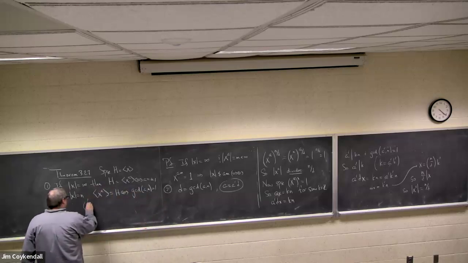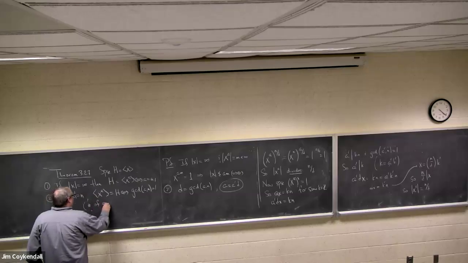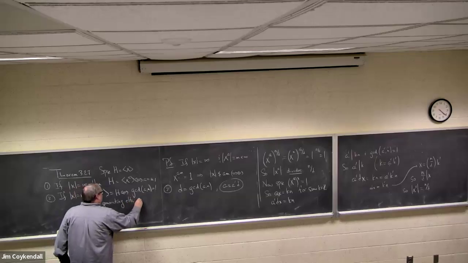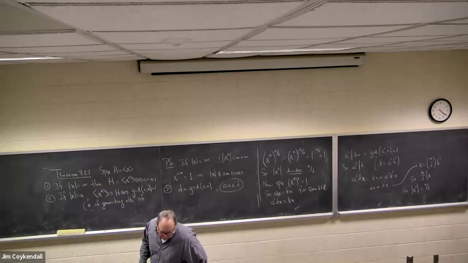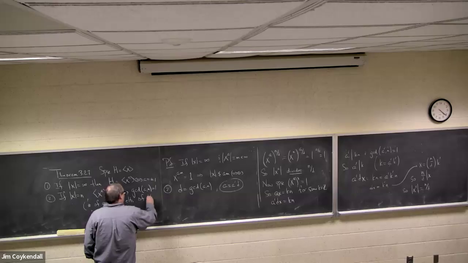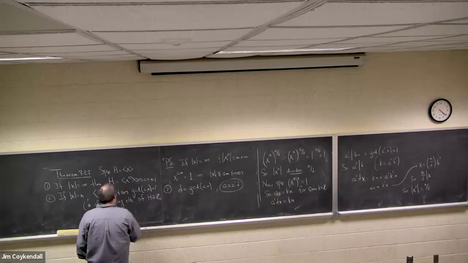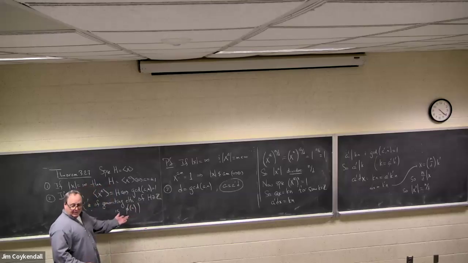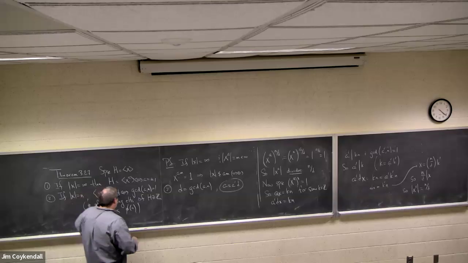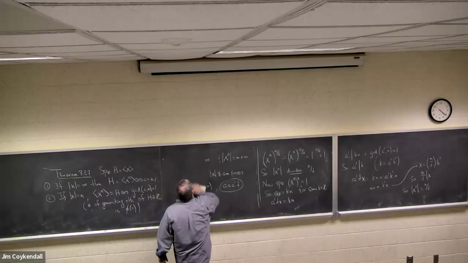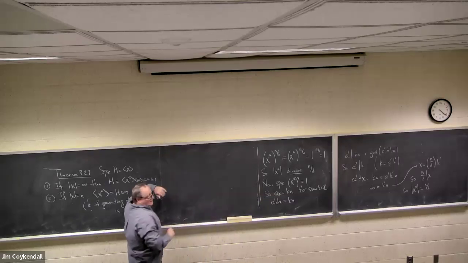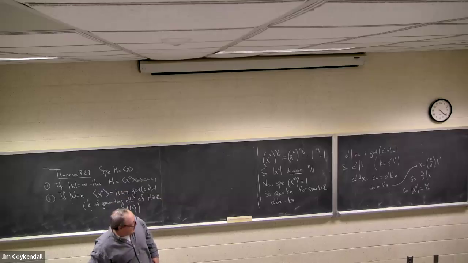So the number of generating elements of H, which is isomorphic in this case to Z_n, is the Euler phi of n. Remember, this is the number theoretic function we had earlier that counts the number of integers between 1 and n that are relatively prime to n. I'll leave the proof of this to you all.